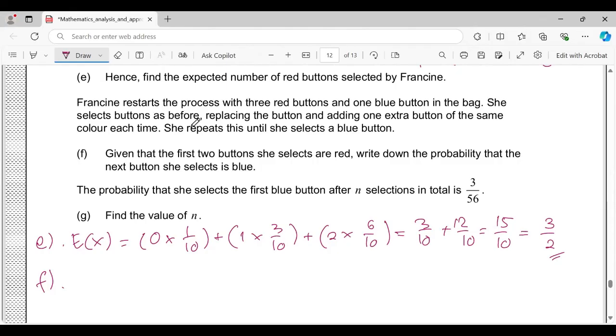She selects buttons as before, replacing the button and adding 1 extra button of the same color each time. She repeats this until she selects a blue button. F, given that the first 2 buttons she selects are red, write down the probability that the next button she selects is blue.